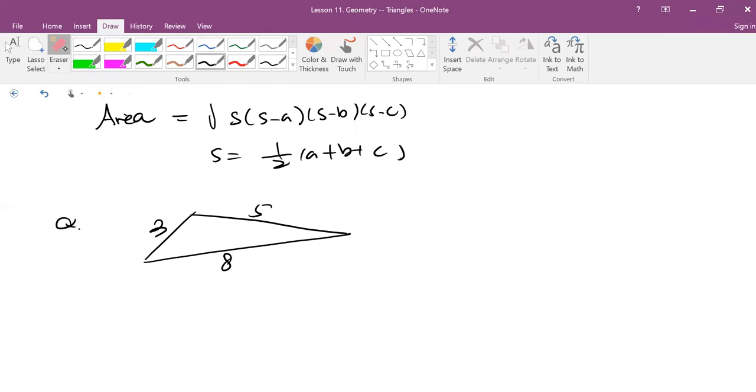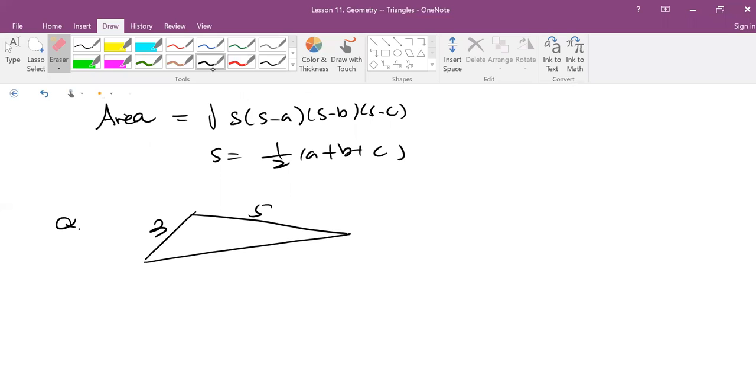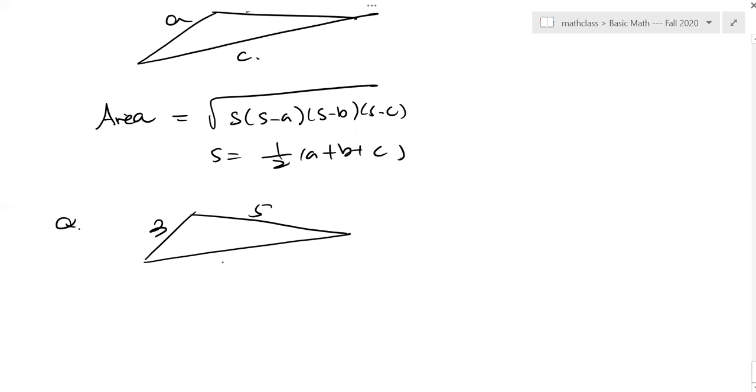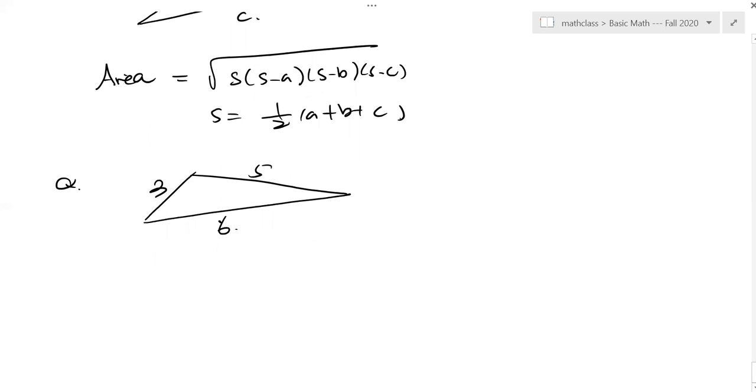This does not satisfy the triangle inequality. So I'm going to put a 6 here. This is a valid triangle because 3 plus 5 is greater than 6, 5 plus 6 is greater than 3, and 3 plus 6 is greater than 5.